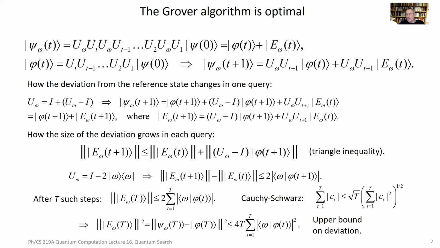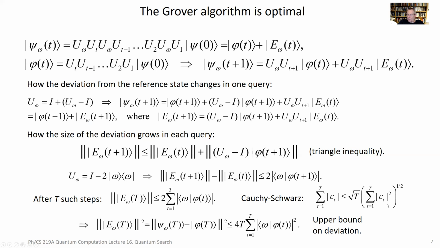Now I'd like to write this in a different way using the Cauchy-Schwarz inequality. Here I have the sum of some absolute values of complex numbers. What Cauchy-Schwarz says is that the sum over little t of the absolute value of c sub t can be written as less than or equal to the square root of capital T, the number of terms, times the norm of the vector whose components are absolute value of c t.